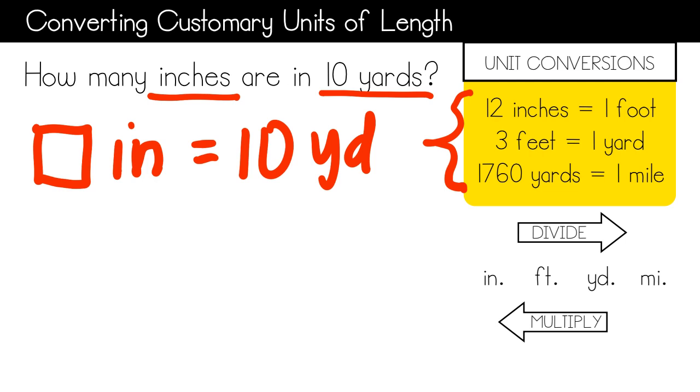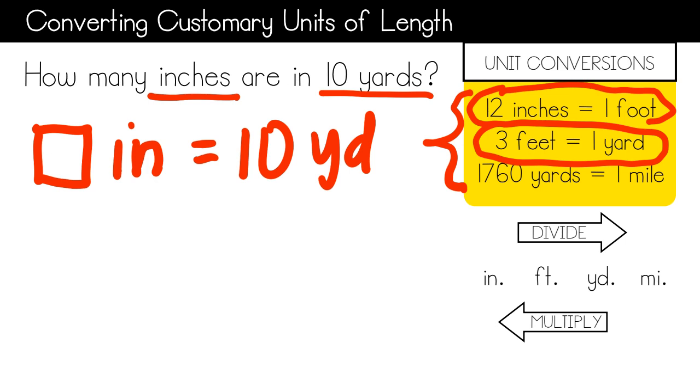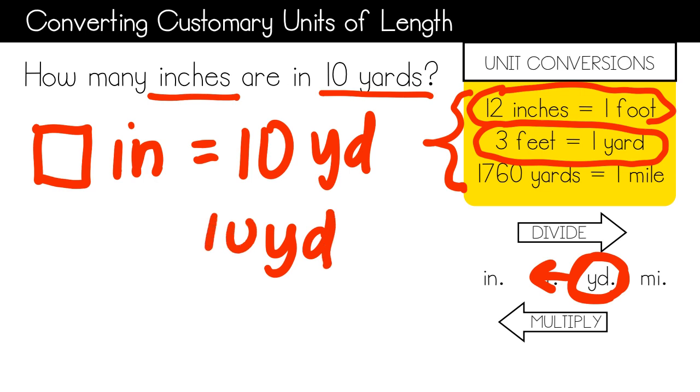I have here 3 feet equal a yard, and I have here 12 inches equal a foot. Now I'm going to show you what I would do. I would first switch over from yards to feet. I would go from 10 yards equals how many feet?